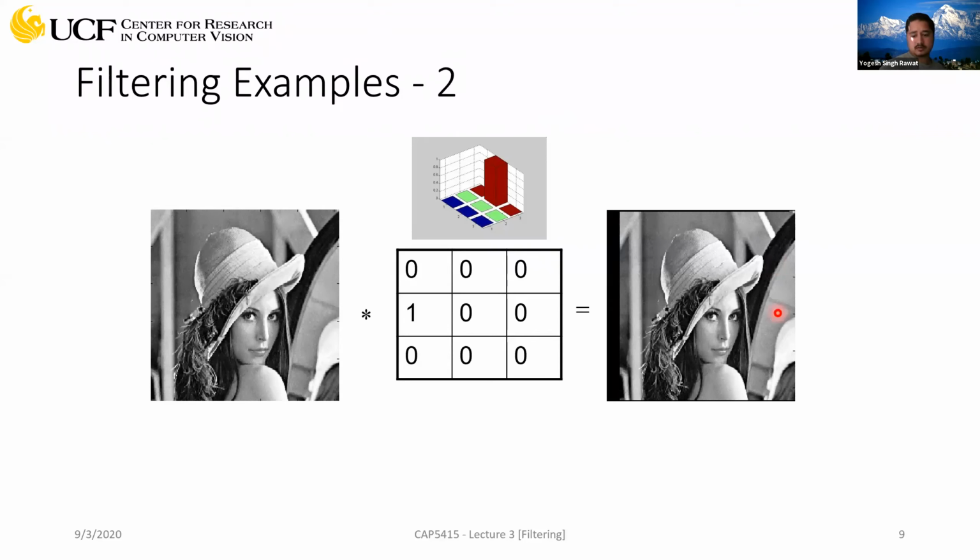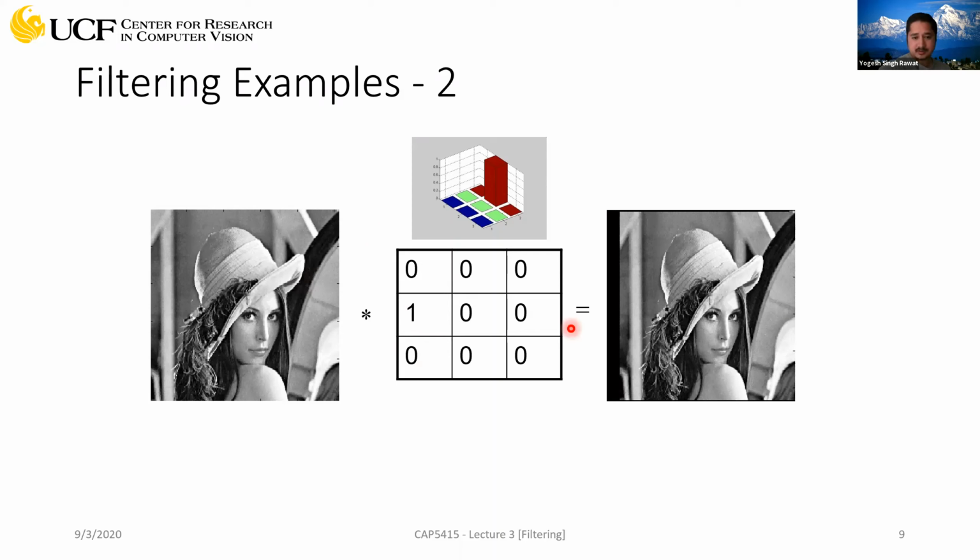Now, before we move forward, one thing to observe here is that if you sum all the values in this kernel, it will sum to 1. And why is that important? Because when you multiply this kernel with the values in this image and sum those up, you're replacing the pixel value.